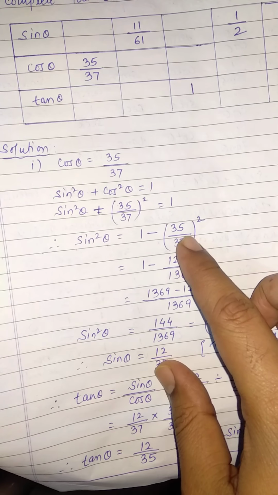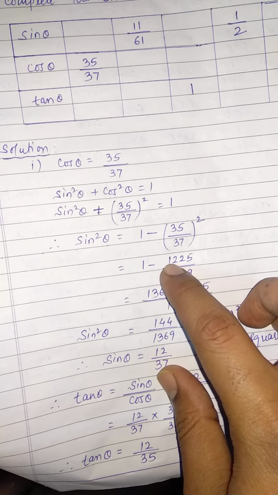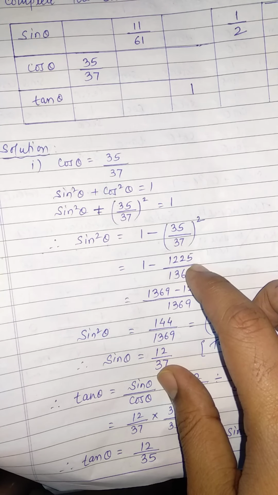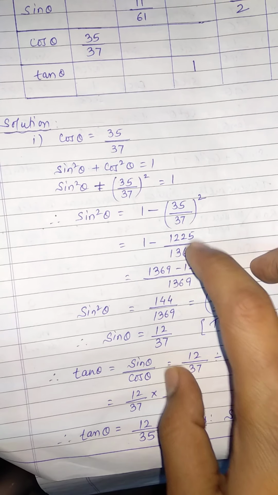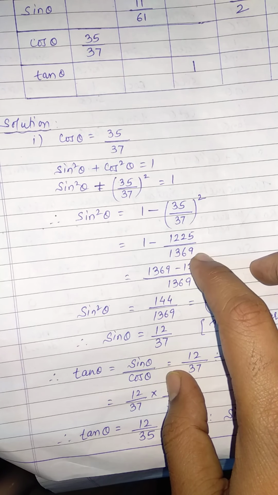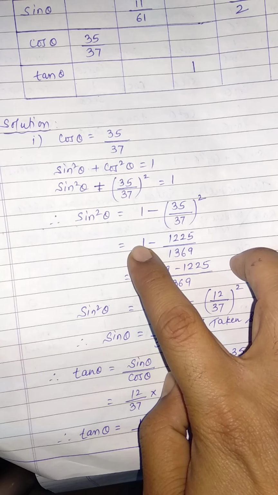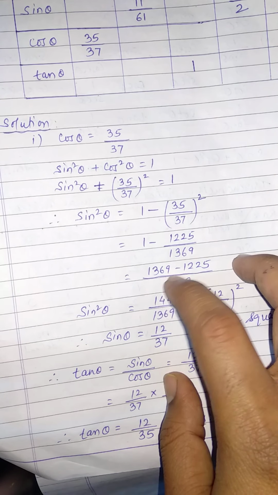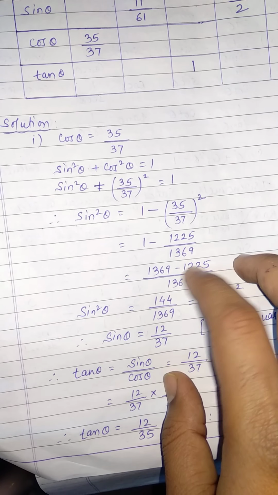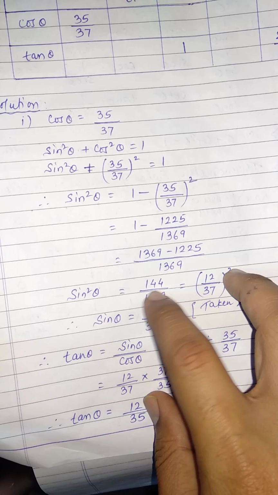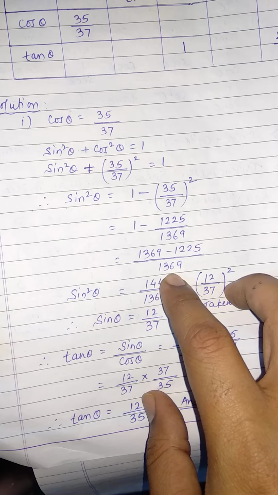So 35 square is 1225. 37 square is 1369. Cross multiply. 1369 minus 1225, you will get 144. Denominator will remain as it is.